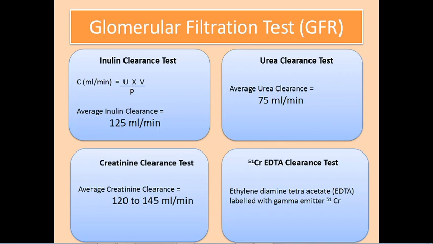So using the formula U into V divided by P, we can calculate the inulin clearance in ml per minute. In a normal adult, the average inulin clearance is about 125 ml per minute, which can also range from 100 to 150 ml per minute. A decreased inulin clearance indicates impaired glomerular filtration.